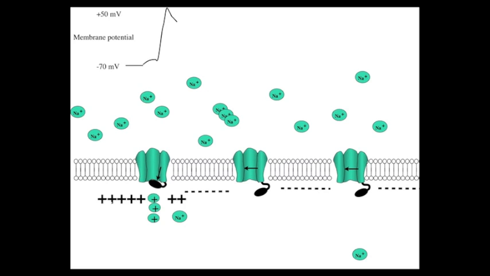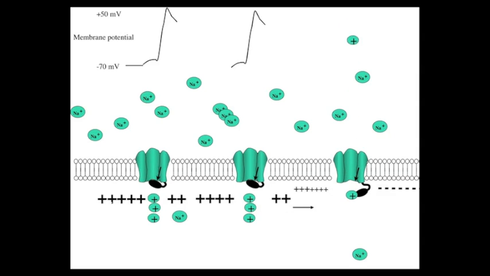But now you have a very positive charge under the channel that had just opened and closed, and that positive charge is then attracted to the negative charges downstream, and it's then going to open the second sodium channel. And you're going to get an influx of sodium. The membrane potential under it is going to go to the sodium equilibrium potential, and the membrane potential is going to spike.